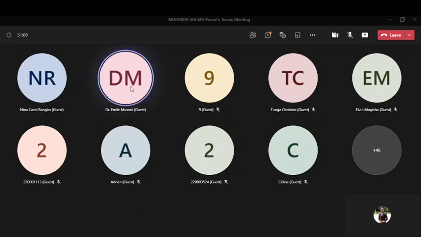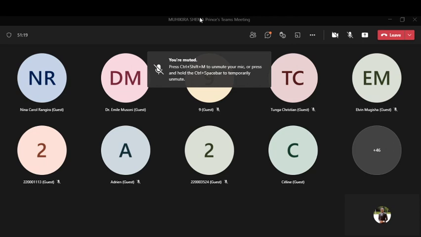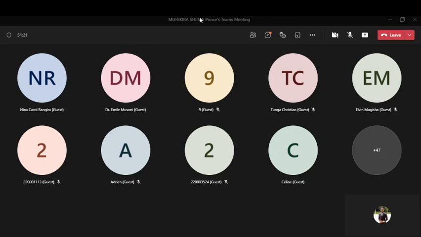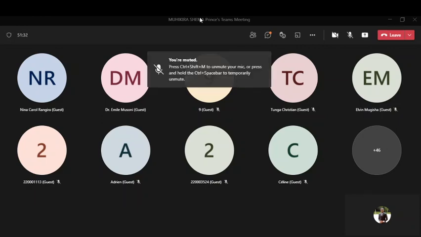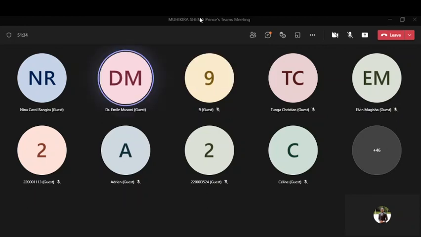There are two types with a good prognosis. Which and which? Who can give us the answer? Nodular sclerosis. And what? Nodular sclerosis, another one.